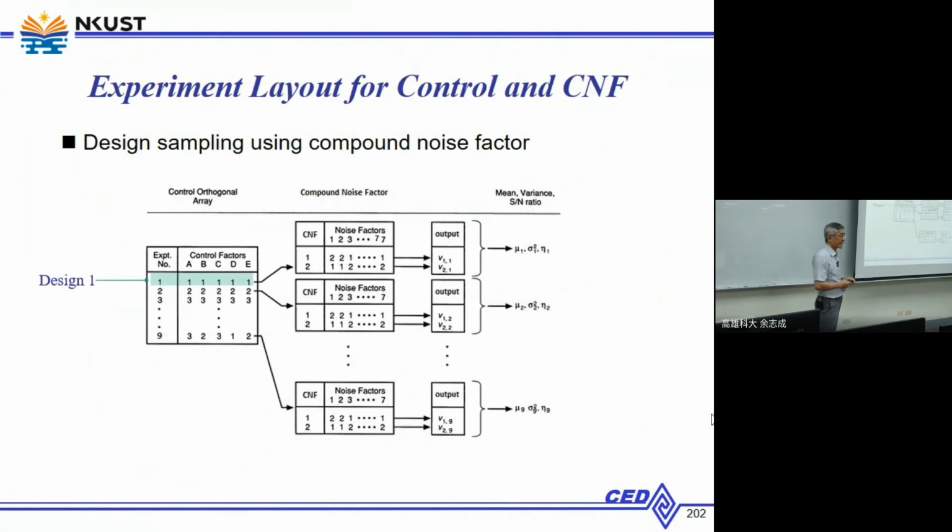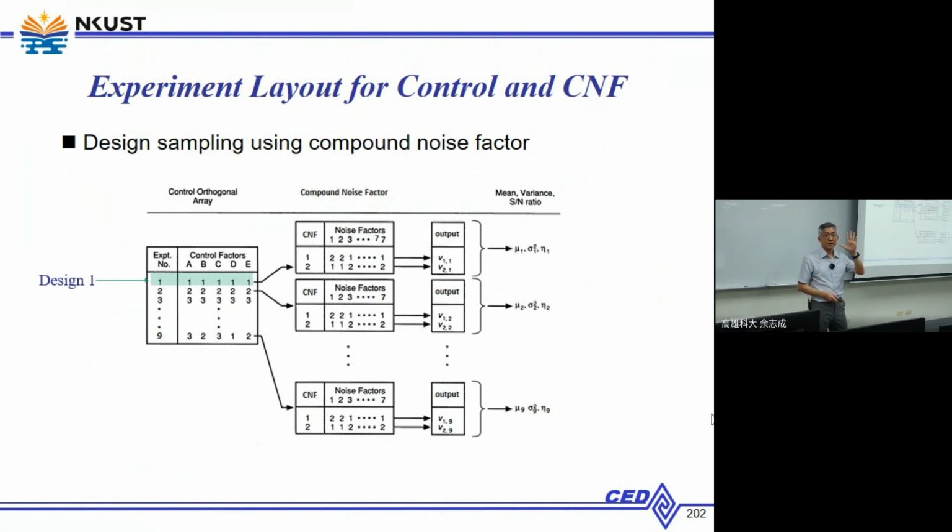Similar to the previous example, the inner array still organizes the control factors into one orthogonal array, and each combination will be called a design. When we want to sample the output, instead of a random or orthogonal array, we are using compound noise. In this case, we are using 2-level compound noise.